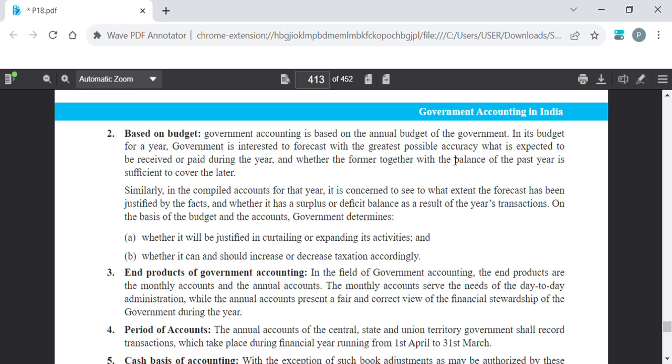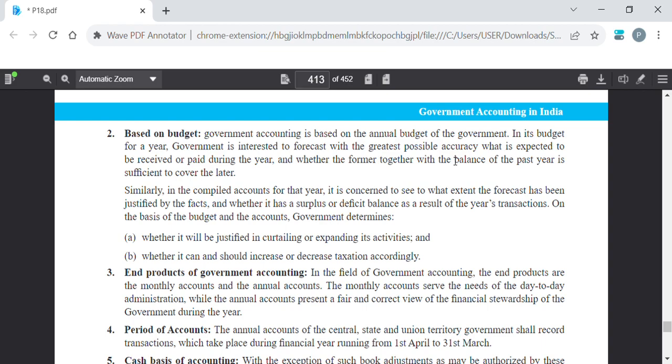On the basis of budget and accounts, government determines whether it will be justified in curtailing or expanding its activities and whether it can and should increase or decrease taxation accordingly. So many points are taken care of here.